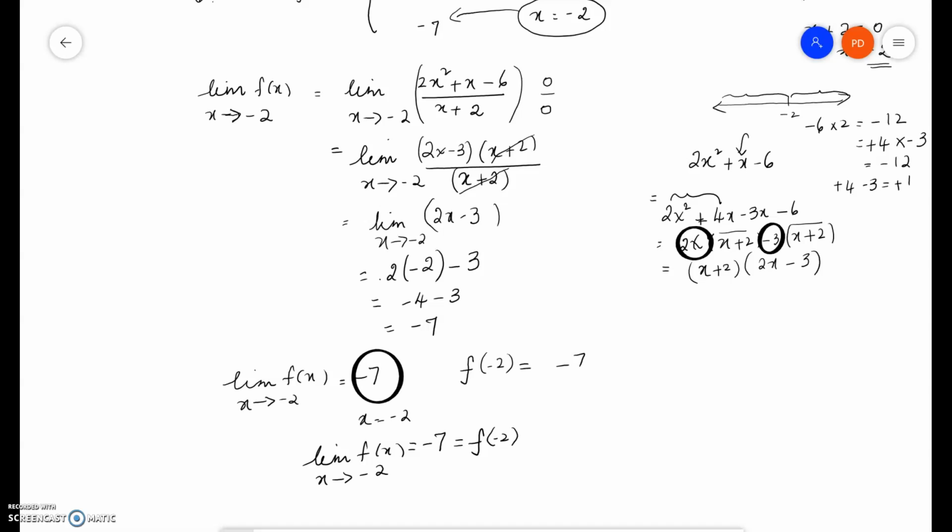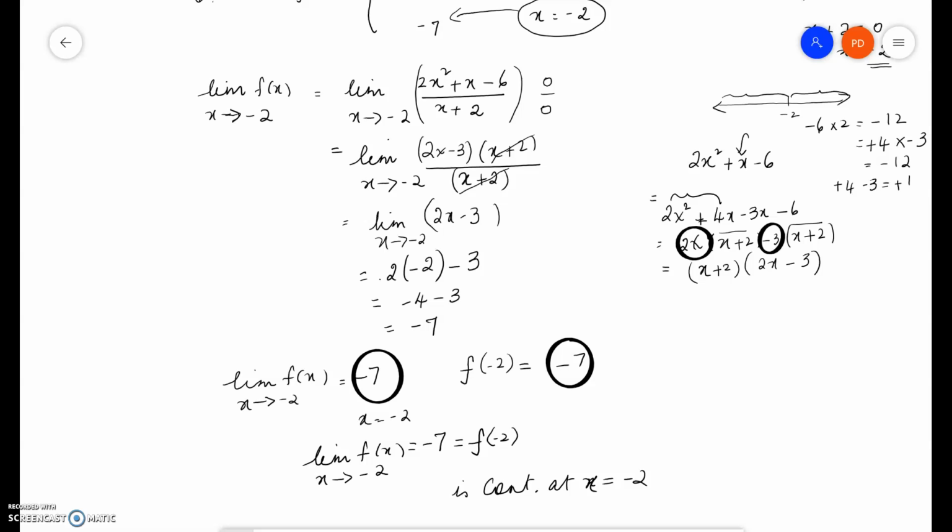Since this limit as x approaches negative 2 is equal to the value of the function at negative 2, the function is continuous at x equals negative 2.